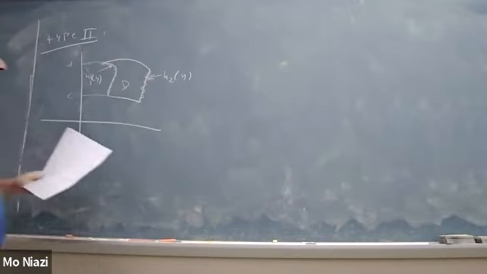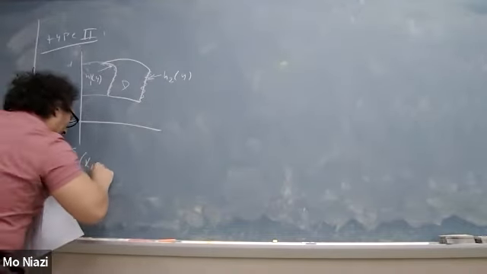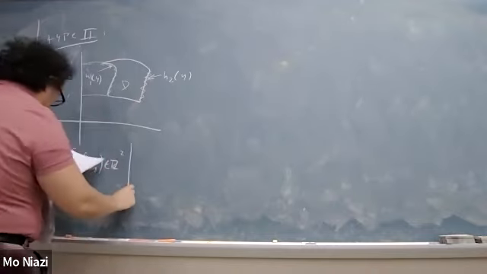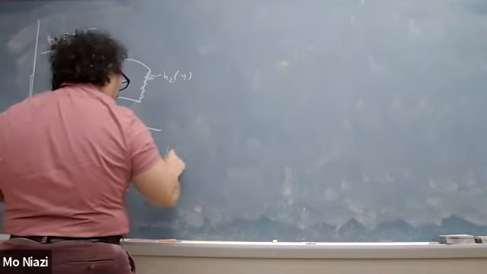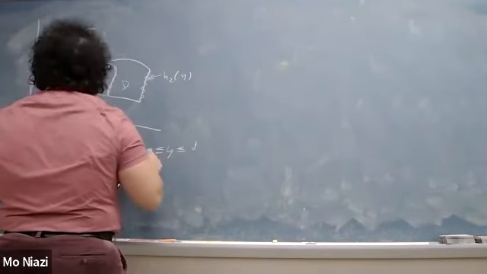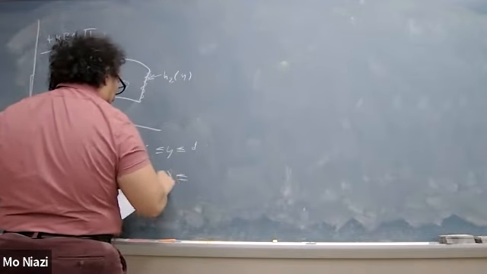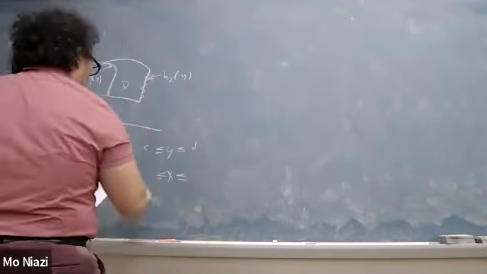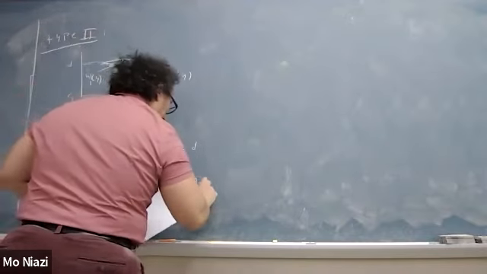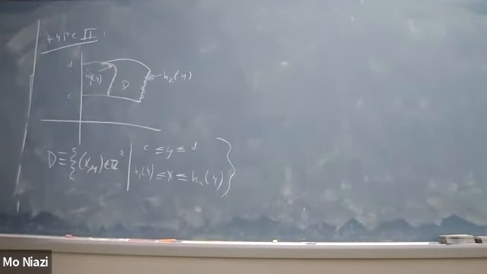So now our D is defined as the set of all x, y, an element of R2, such that now y is bounded above by d, bounded below by c, and now x is the one that has the interesting parameterization. It's bounded to the left by h1 of y and to the right by h2 of y. Close the set.